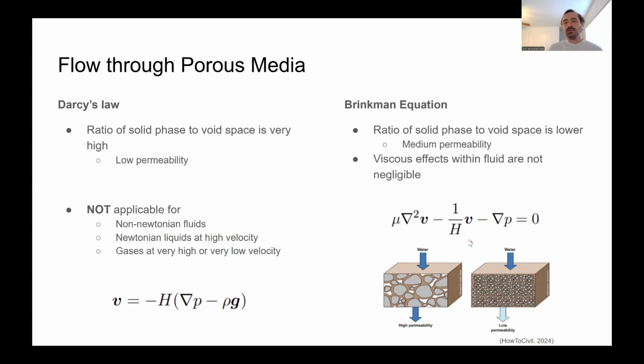And the Brinkman equation is very similar to the Darcy equation, and it has the same terms, but it also includes this mu del squared V term, which accounts for the viscous effects within the fluid. And when the permeability of the medium is extremely high, where there's little to no solid, then the Navier-Stokes equation may be applicable.